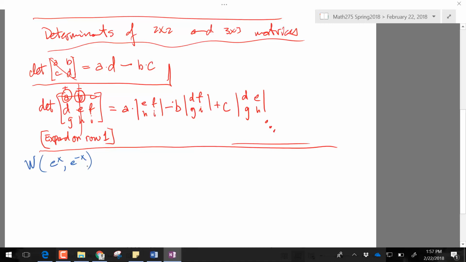We say we want the Wronskian of e to the x and e to the negative x, and we write it with the W parentheses and then whatever functions we want to figure out are dependent or independent. So how do we do that? We put the first row to be the functions that we have, and then we take the derivatives of these functions.